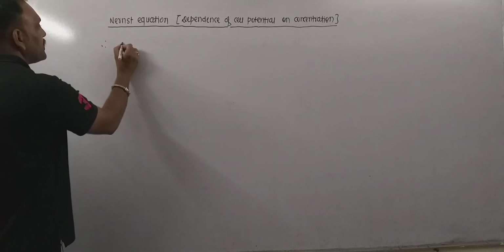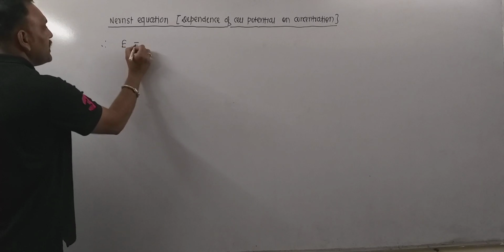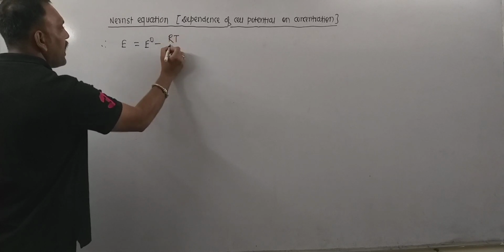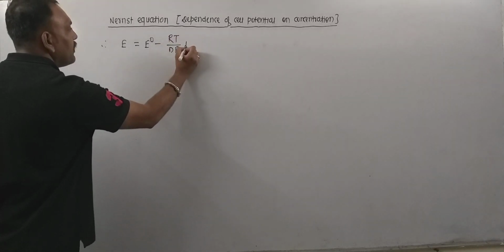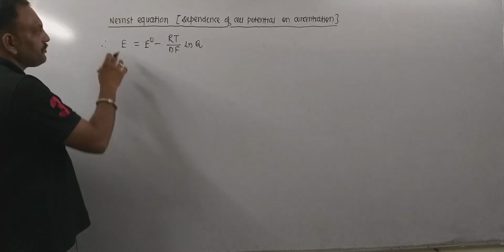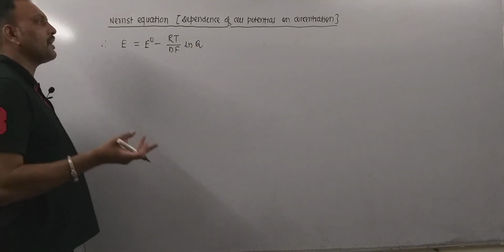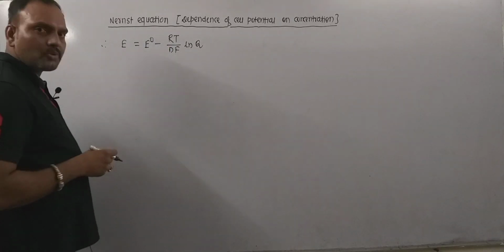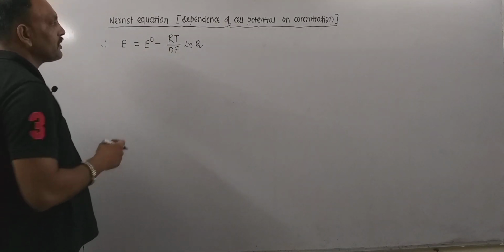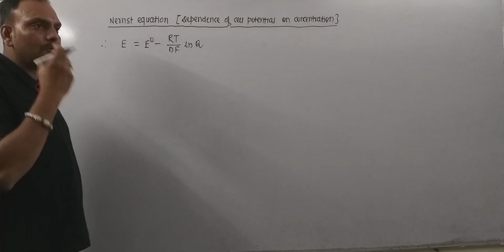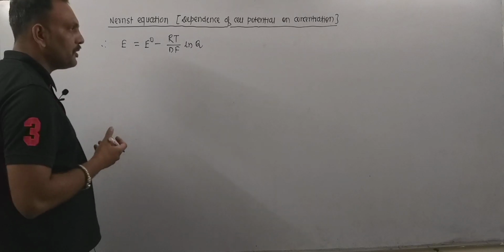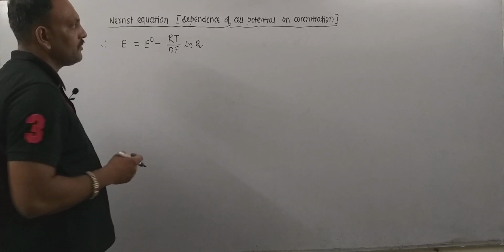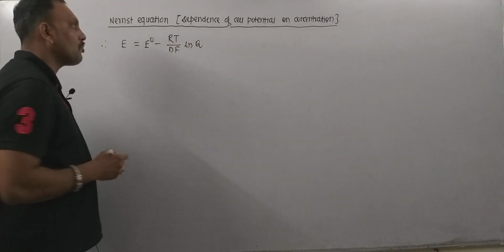So the Nernst equation is E, that is potential, equals standard potential minus RT upon NF ln Q. Where E is the potential of the cell or electrode, E naught is the standard potential, R is the gas constant, T is the temperature, N is the number of electrons transferred, gained or lost during the course of oxidation or reduction, and F is the Faraday, and Q is the reaction quotient.